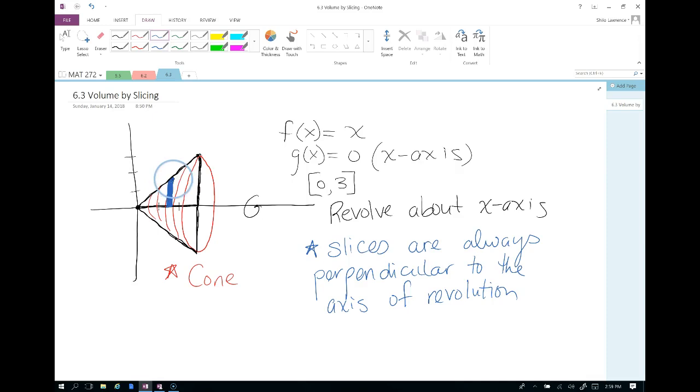And we want to follow exactly what happens with that slice as it gets revolved. So I know I'm going to have eventually the reflection over the x-axis. And it's going to go all the way around, and it's going to be circular.